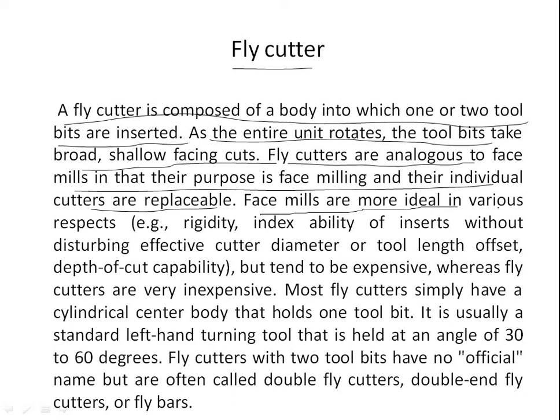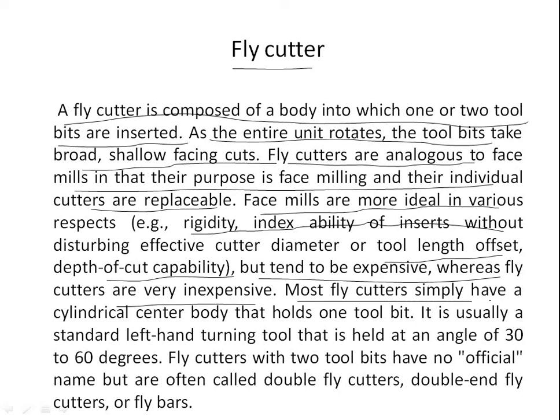Face mills are more ideal in various respects, for example rigidity, indexability of inserts without disturbing effective cutter diameter or tool length offset, and depth of cut capability, but they tend to be expensive, whereas fly cutters are very inexpensive.